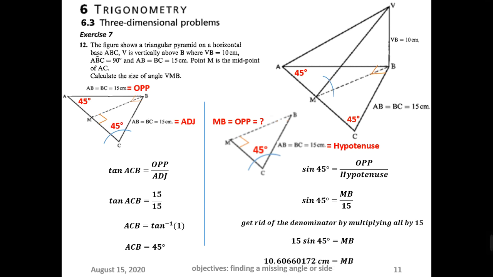If you insert this in the calculator, you end up with 10.60172 centimeters. If you want to round this to 3 significant figures, you stop at the 6 after the decimal. The first figure is 1, the second is 0, the third is 6, so you stop at 6.